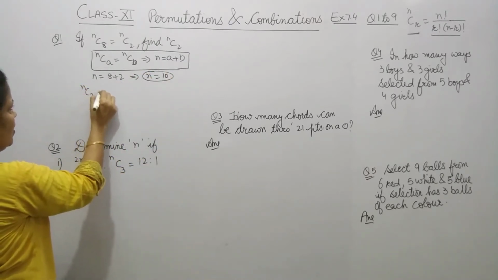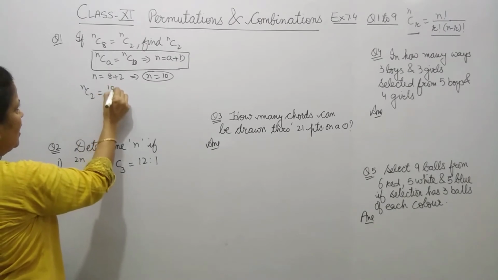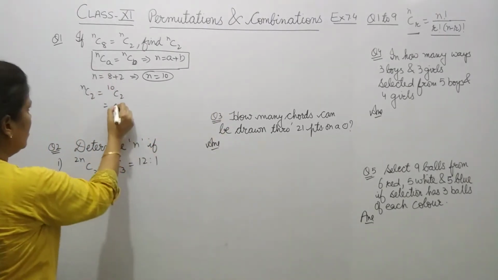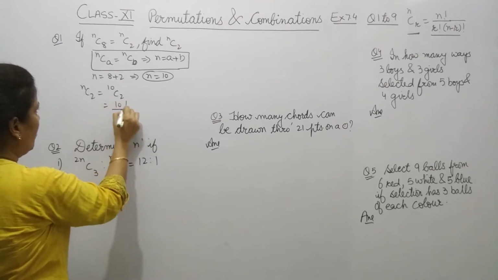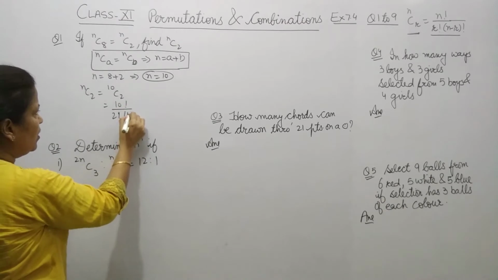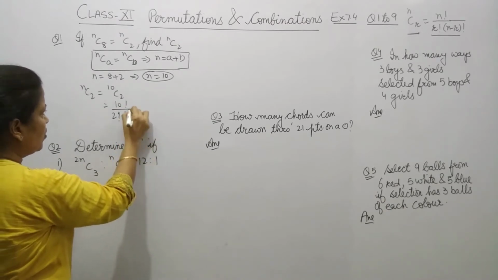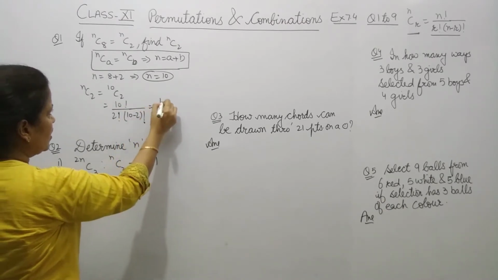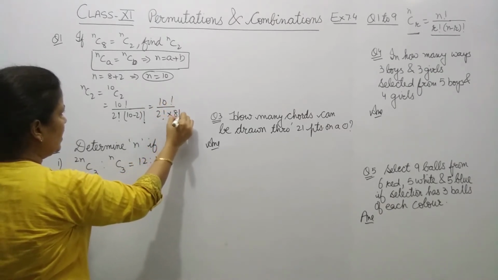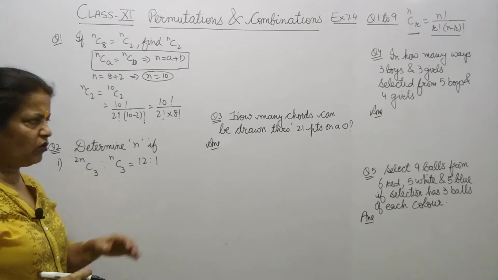Now we will find out nC2, which means 10C2. Now apply the combination formula: 10 factorial upon 2 factorial into 10 minus 2 factorial. So this is 10 factorial upon 2 factorial into 8 factorial. Now you can solve it.